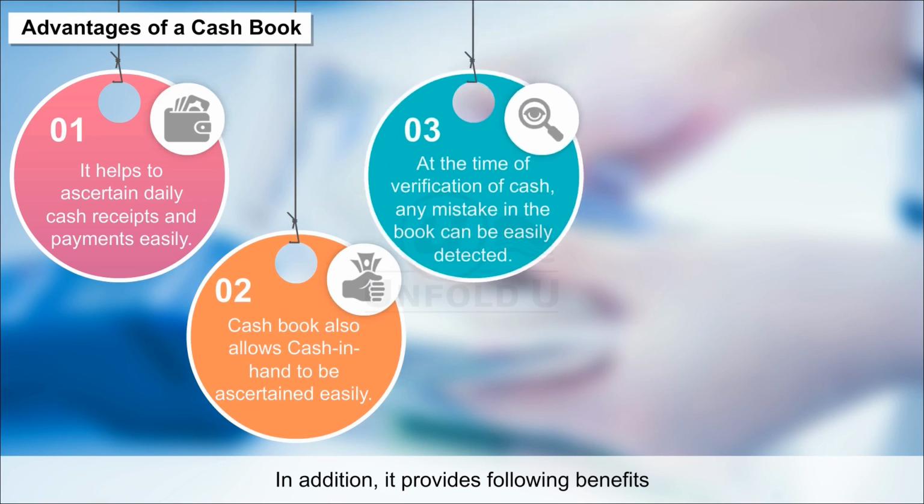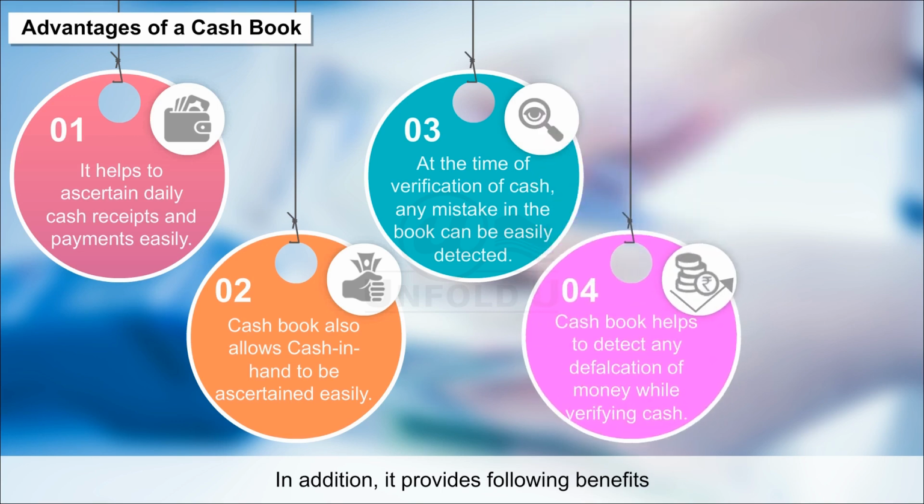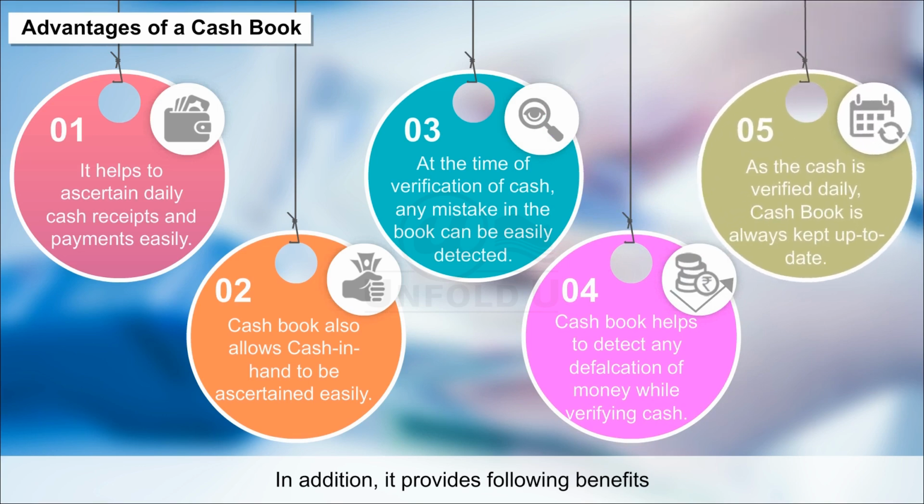At the time of verification of cash, any mistake in the book can be easily detected. 4. Cash book helps to detect any defalcation of money while verifying cash. 5. As the cash is verified daily, the cash book is always kept up to date.